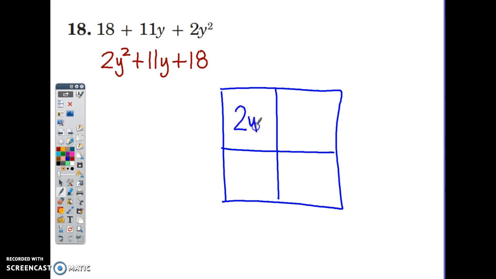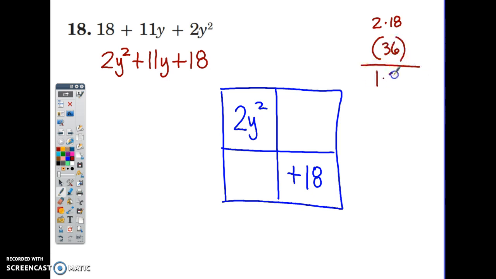So I have 2y squared, positive 18, multiply those two. 2 times 18 gives you 36. And we already did the factors of 36 earlier. Ya los hicimos. We did them already.